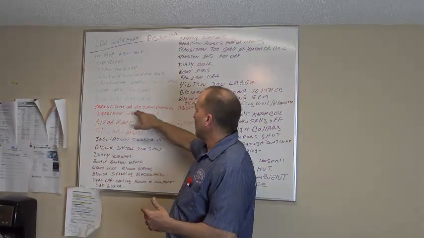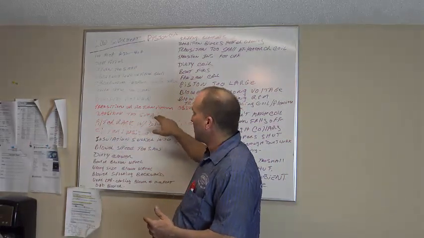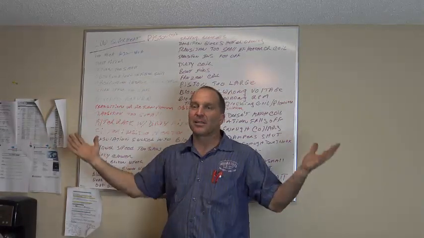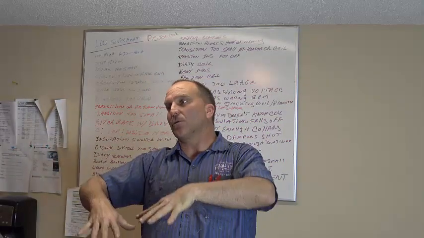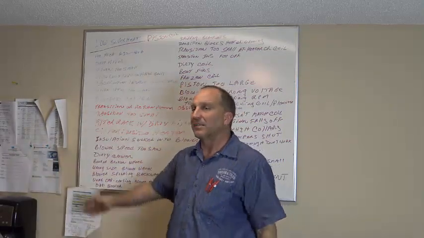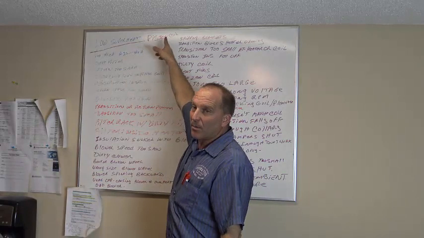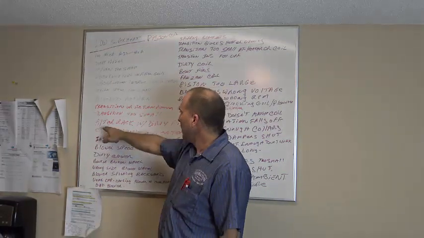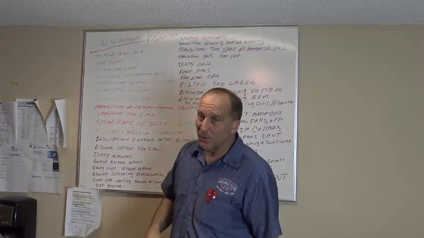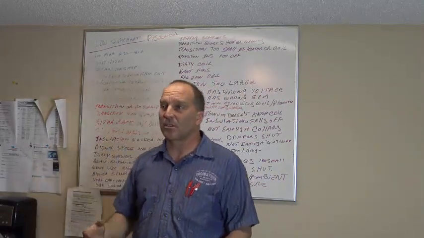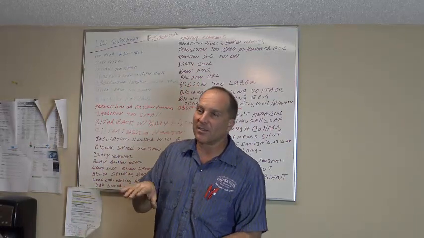If you have transitions or return plenums that are blocked up, so the insulation inside that return or the insulation inside the transition falls over and blocks that return air, that's going to cause a low superheat on a piston coil. If your filter rack is dirty, so the filter inside that filter rack, a lot of times on a horizontal system you have a filter rack before it hits the heater.